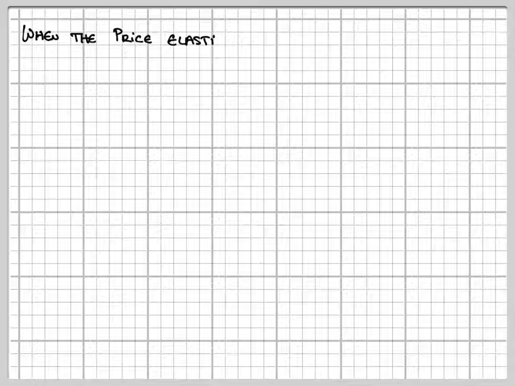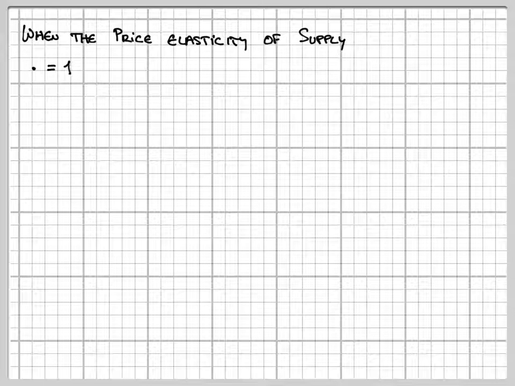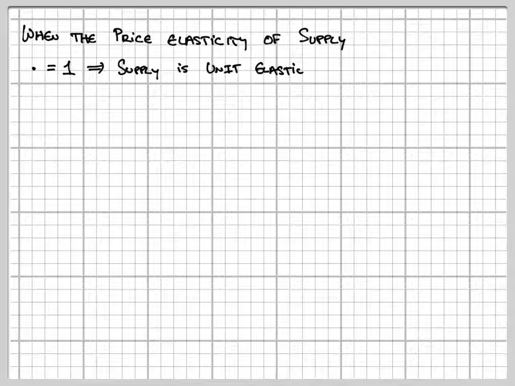So when the price elasticity of supply equals 1, then supply is said to be unit elastic. So a 1% increase in the price of the good leads to a 1% increase in the quantity supplied of the good.